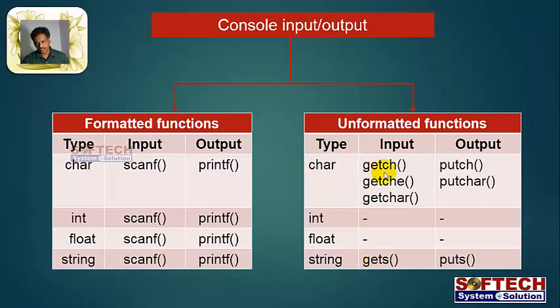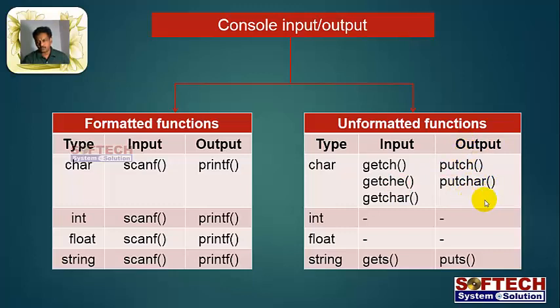For characters, getch, getche, getchar. There are three functions to get a character from the keyboard. But there are some differences between the three. We will discuss them in the next slide. The output function is putch.